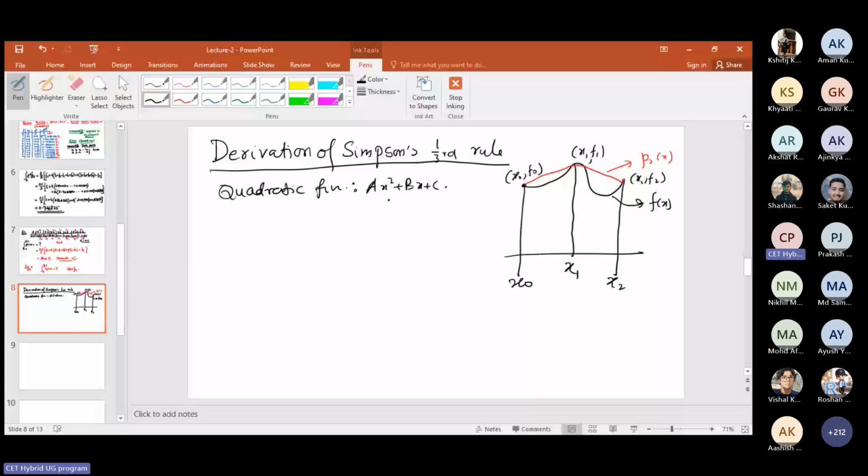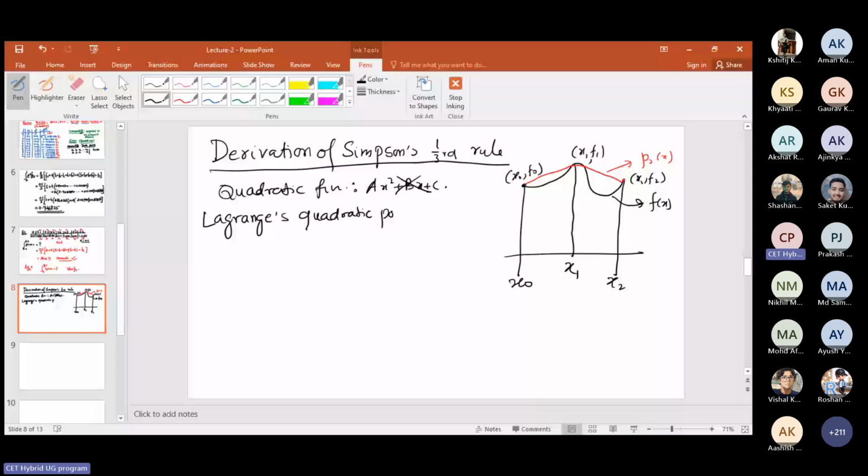So since the integration becomes very complicated, we do not use this quadratic formula. Rather, we use what is referred to as the Lagrange quadratic polynomial.